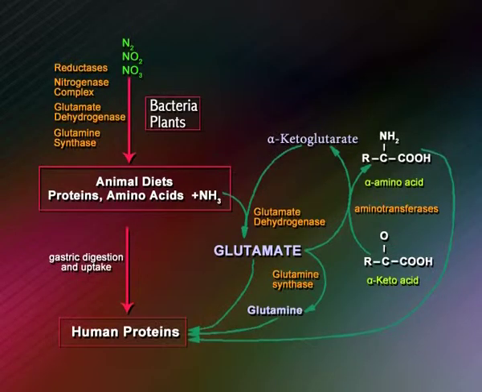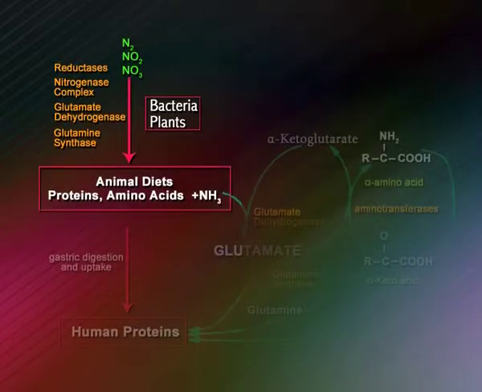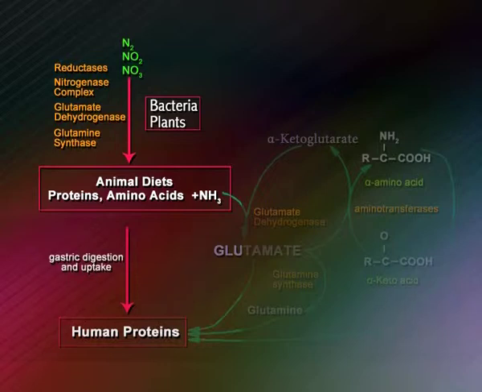If you look at this picture, either nitrogen N2 or nitrate and nitrite, NO2 and NO3, are reduced by a number of enzymes like the reductases, the nitrogenase complexes, the glutamate dehydrogenase and the glutamine synthase, all of which incorporate nitrogen into animal diets in the form of proteins, which are comprised of amino acids. Now, these animal diets and the plant proteins, when consumed by humans, are taken up by gastric digestion and uptake.